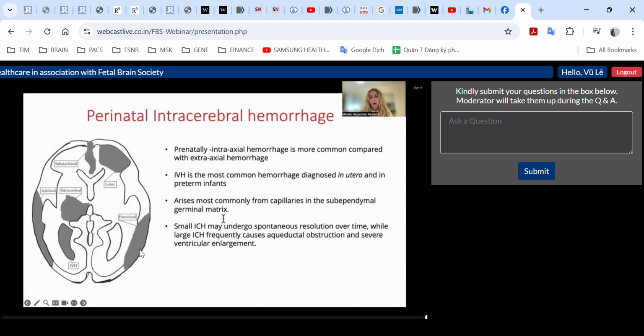So, prenatally, intraaxial hemorrhage is most common, and IVH is the most common type of hemorrhage diagnosed in utero as well as in preterm infants. And this is because it arises most commonly from fragile capillaries in the subependymal germinal matrix.